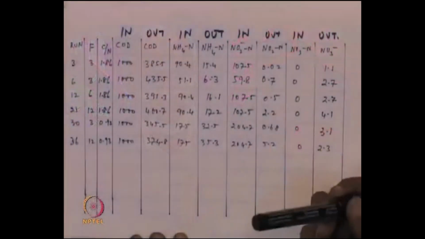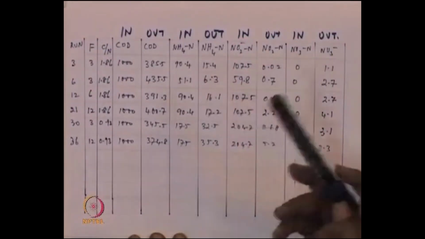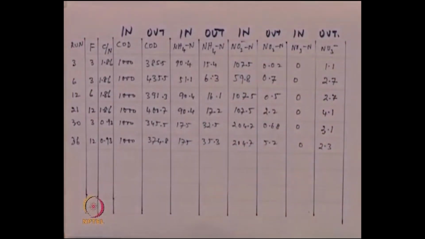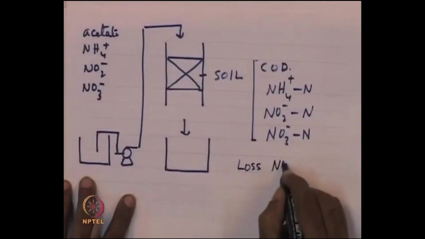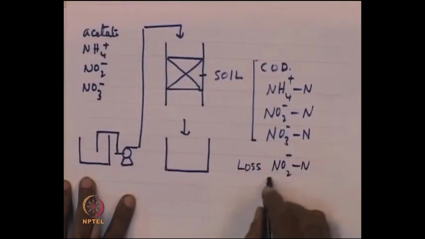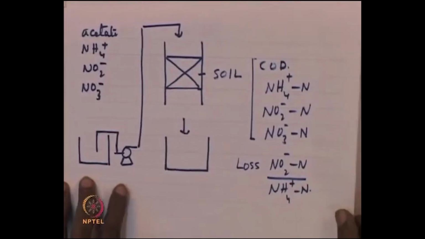So, if you look at each of the data, tell me what this ratio is, please, quickly. What is the ratio of loss of nitrite to loss of ammonium? Just calculate the loss of NO2 minus divided by NH4 plus. Roughly you tell me some numbers.